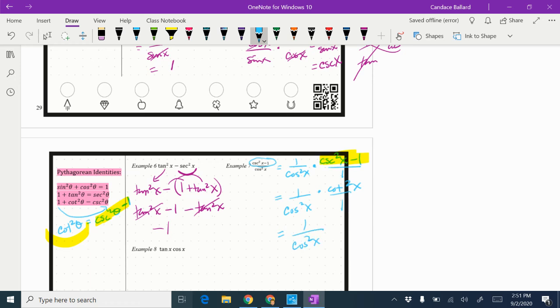If it starts with the squared, just keep carrying the squared. So cosine squared x over sine squared x. Then you notice the cosines cancel. I get 1 over sine squared x, which again is not one of our choices. 1 over sine squared reduces to, with the reciprocal identities, cosecant squared x, which is one of our choices.